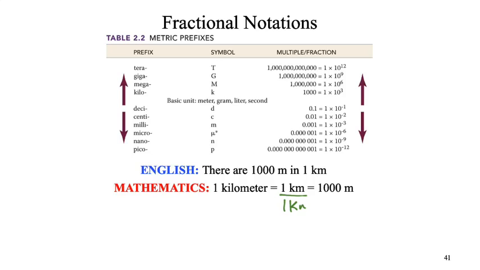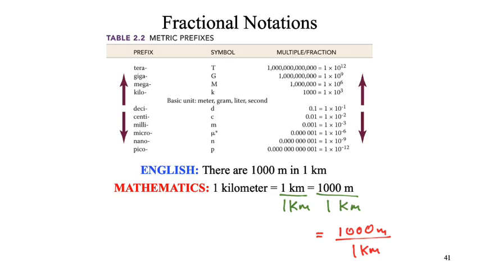What if I divide both sides by 1 kilometer? You have 1 meter equals... I try again. I don't get 1 meter. Okay, I'll run with that. I get 1,000 meters over 1 kilometer. What does that equal?